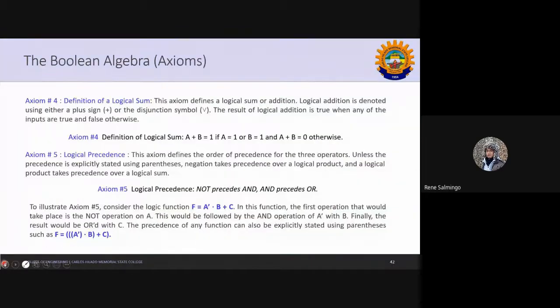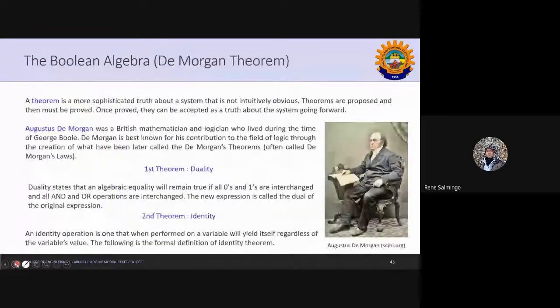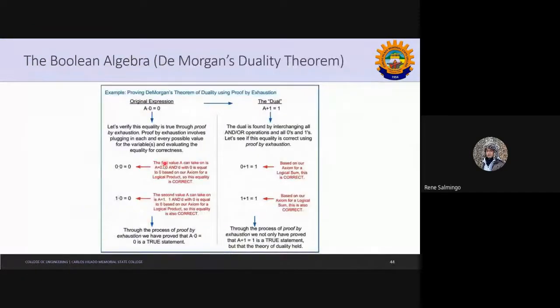As we go back to logical product, if A and B is not equal to 1, then it is equal to 0. That's based on your logical product. So this becomes 0, and this would be correct.